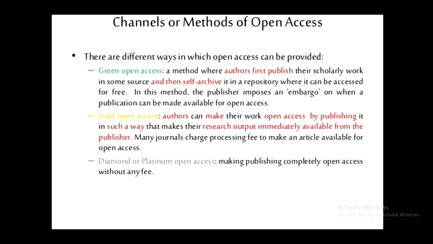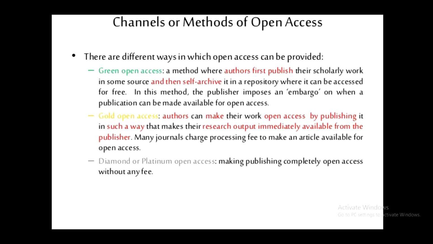In gold open access, the author can publish their articles, research output or scholarly work in such a way that after it gets published, it is available open access for the users. But in this scenario, the authors have to pay a certain amount of money to the publishers to make their works or articles open access.